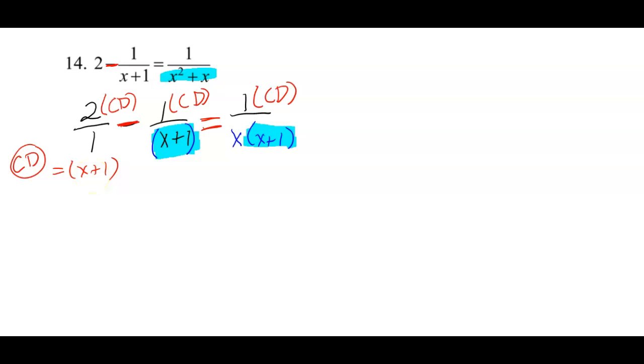And then when I look again, I'm also seeing this x. So that should be the other part of my common denominator. So I'm going to be using x times x plus 1. There's a couple different ways to approach this, but I find this one to be the best method for me and most of my students.